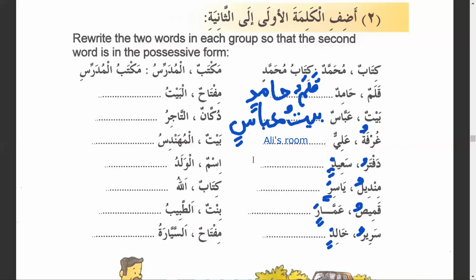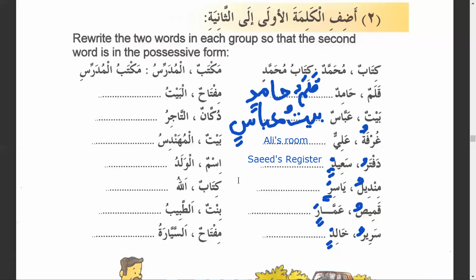Daftaru Saidin: Said's register. Daftar is register, or notebook. You can say anything, Said's notebook or Said's register.